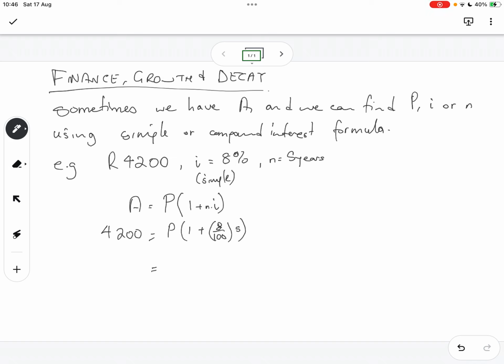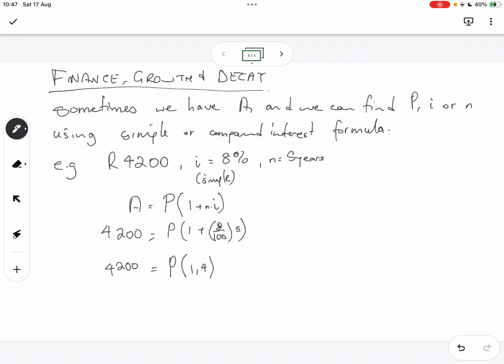So how will we find it? We will have to do some math here. What I would attempt to do is to multiply 0.08 by 5, plus 1. So that is 1.4.